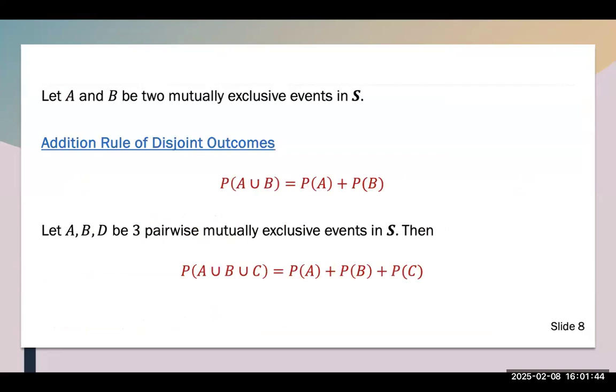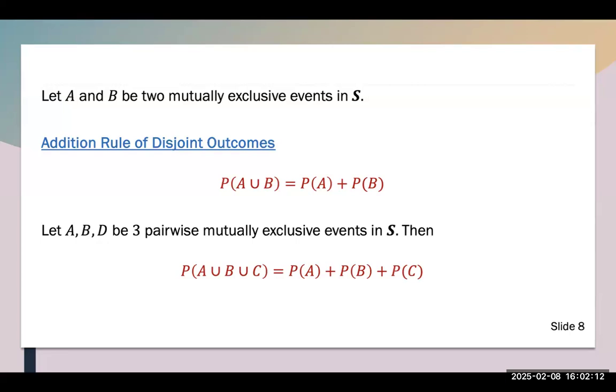So we saw this formula before. We said the probability of A or B is adding the probabilities as long as the events are mutually exclusive. This formula works no matter how many events you have, as long as they're all mutually exclusive, and I have the word pairwise, which means A and B are mutually exclusive, along with B and C, and if you had a 4th one, C and D, and so on.